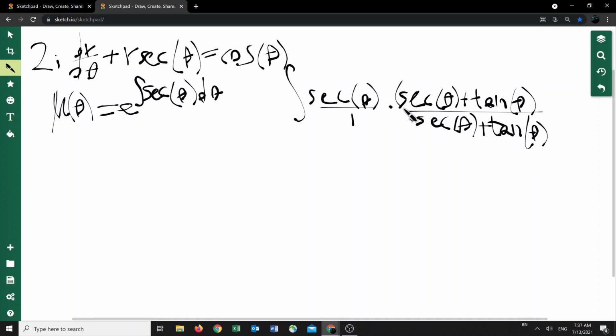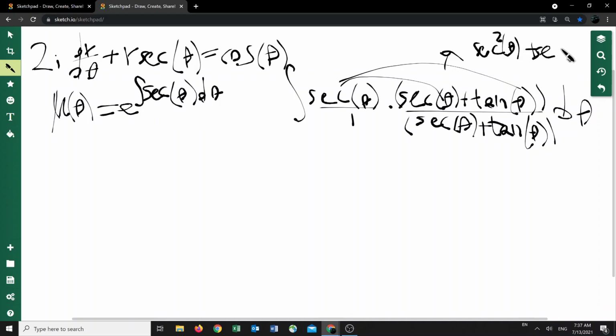But notice how beautiful this is. If we distribute this, the numerator is just going to be secant squared theta plus secant theta tangent theta. I'll omit the theta just to be concise. The denominator is secant plus tangent.